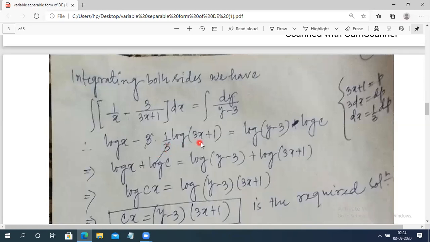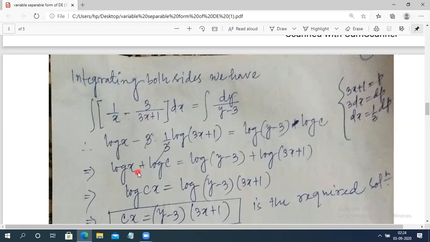So log of 3x plus 1, and this 3 and 3 will get cancelled, and after integrating dy by y minus 3, again we will have log of y minus 3, and for our convenience we are taking the constant of integration as negative of log c. Now this log c can be taken in the left hand side.